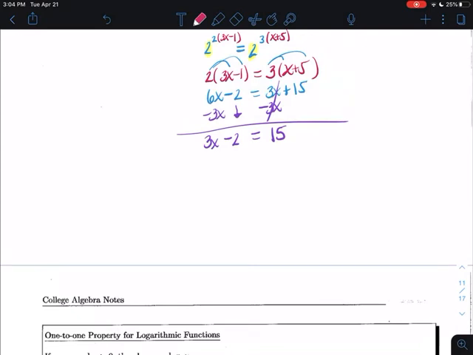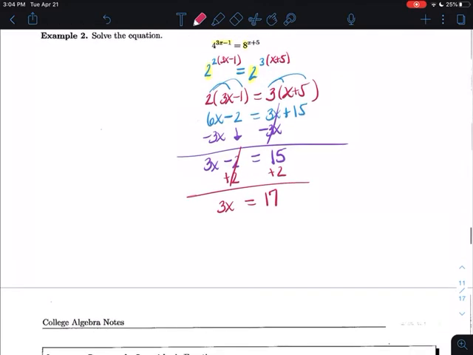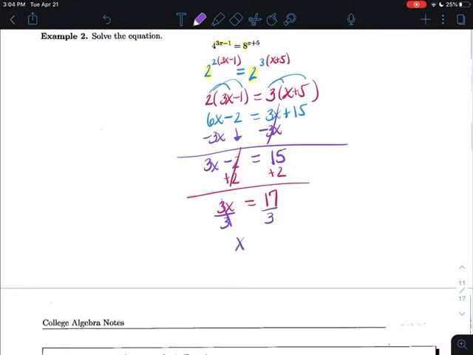Again, my goal is to get x by itself, so I want to get rid of this minus 2 by adding 2 to both sides of the equation. That leaves me with 3x equals 17. Then you divide both sides by 3. So x equals 17 over 3.